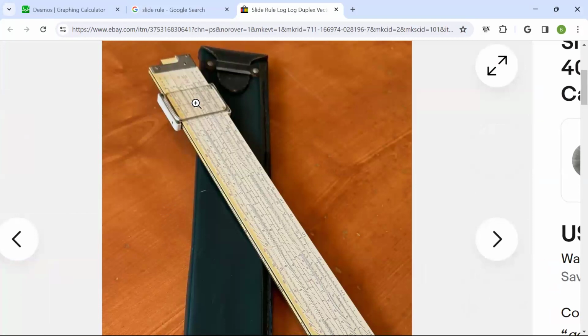You would move these little strips of the ruler to multiply your numbers together. If you needed to do 1083 times 4064, you'd line things up just right for those numbers, and then you look somewhere else and it would tell you the product. So this is what people had to use back in the dark ages.